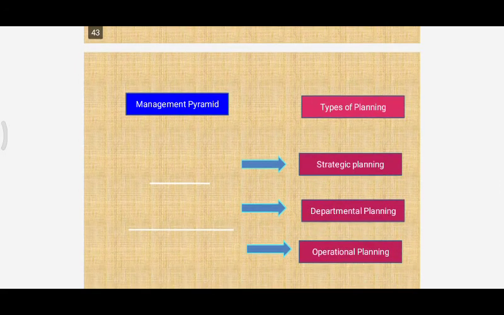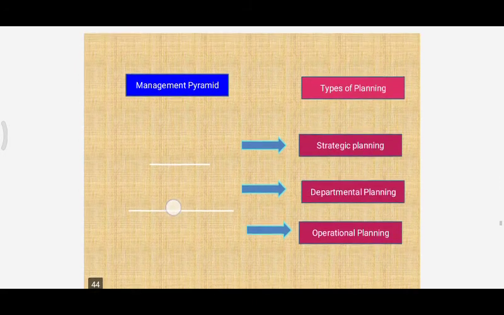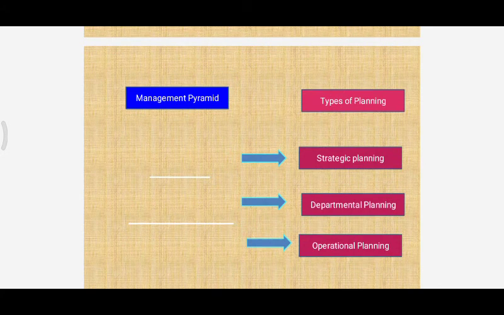If we see our management, the management has to do planning at three levels, that is strategic planning, departmental planning, and operational planning. The strategic planning is concerned with the long term objectives of the organization, and it is always done by top level management.